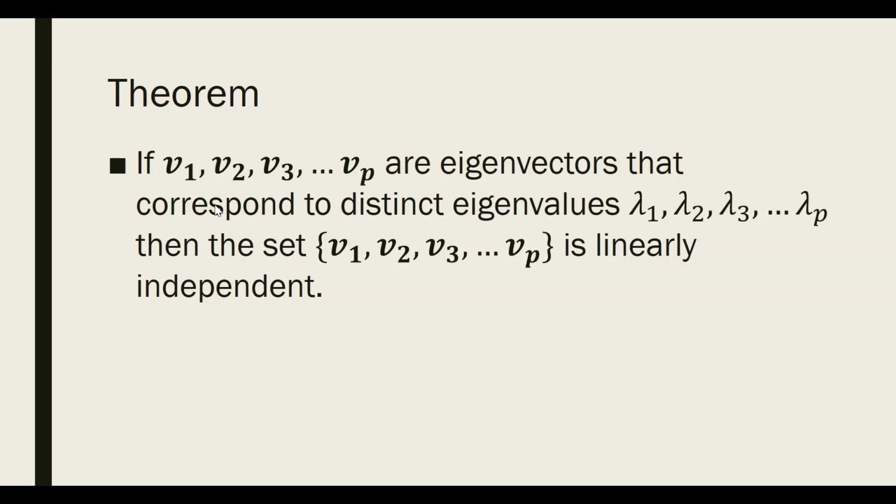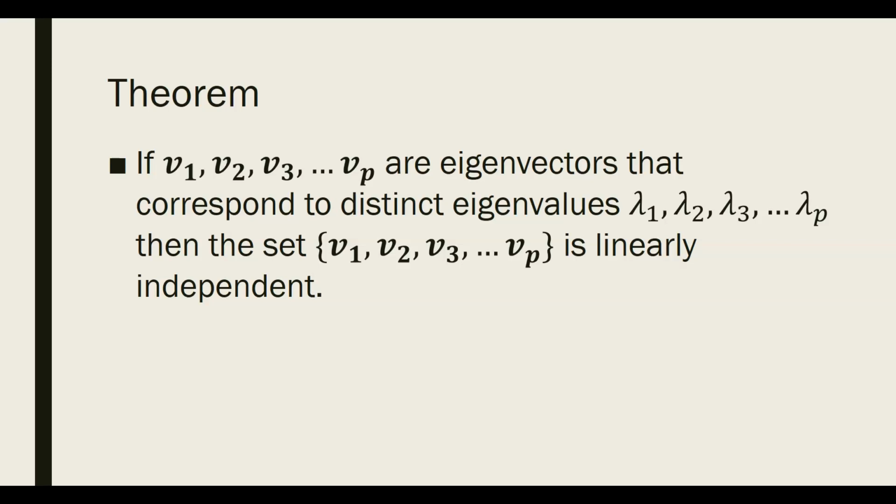So if we have eigenvectors and they correspond to different eigenvalues, then the set of those eigenvectors has to be linearly independent.